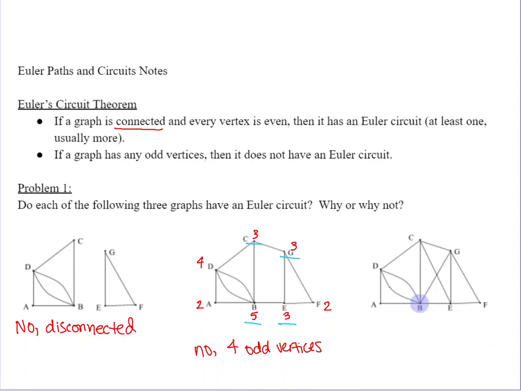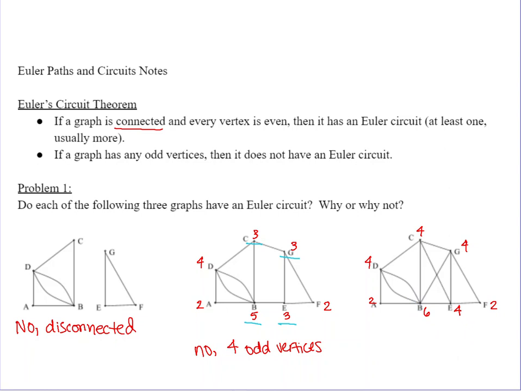Lastly, this diagram is connected. So again, let's go through and check the degrees of the vertices. A is 2, D is 4, C is 4, G is 4, F is 2, E is 4, and B is 6.